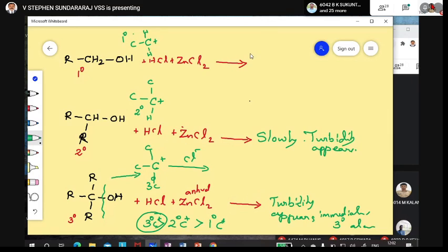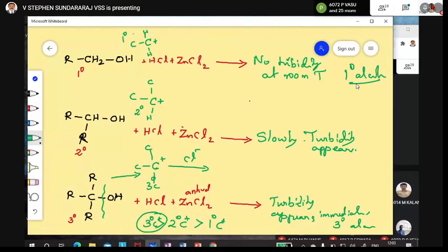And no turbidity at room temperature, because this is the least reactive and carbocation formation will not be that easy. Only when you are heating will turbidity come. So at room temperature, no turbidity, that is primary alcohol. So this point you write down on how to distinguish.